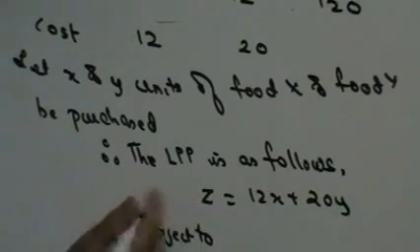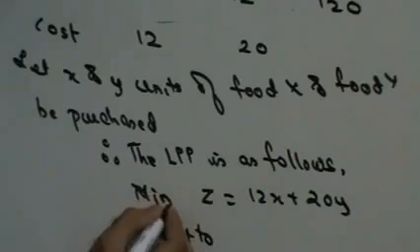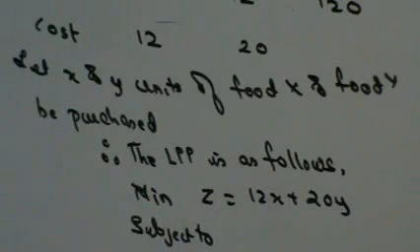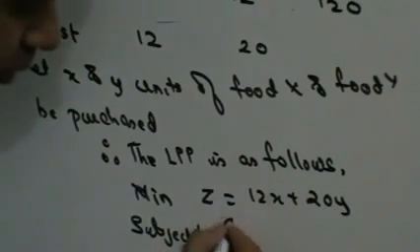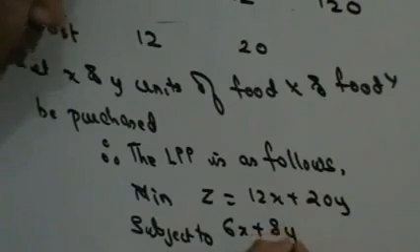Maximize? No, it's cost. Since it is cost, you will minimize. If it is profit, you maximize. For cost, you minimize. So minimize 12x plus 20y subject to 6x plus 8y.